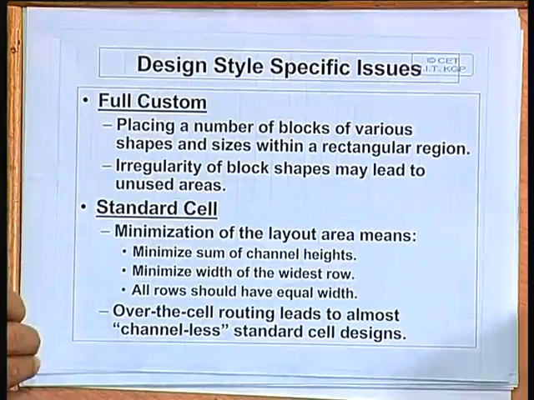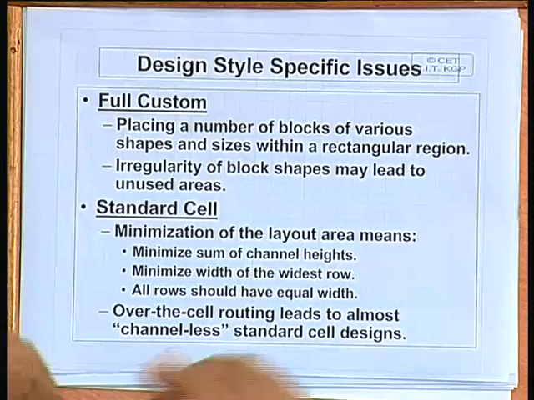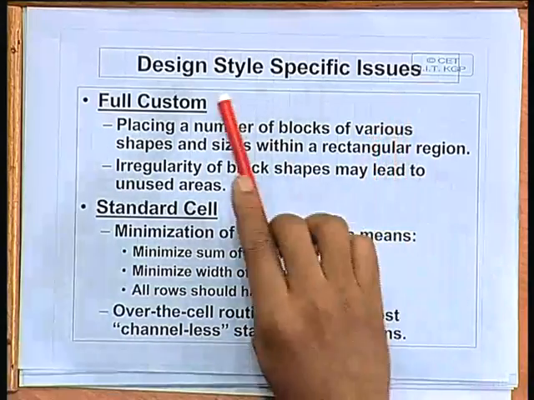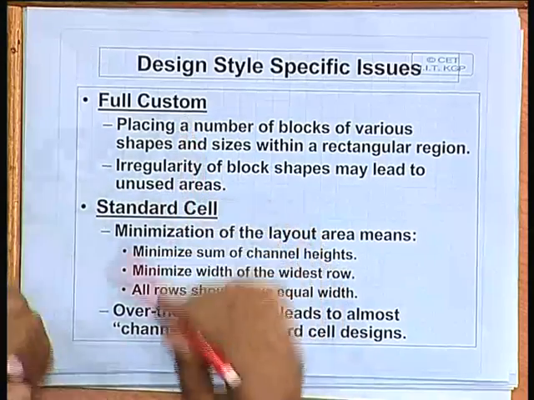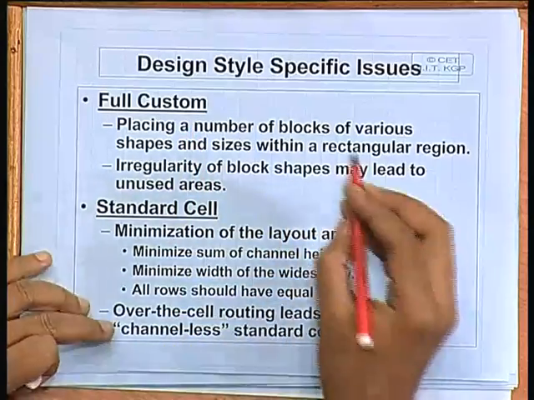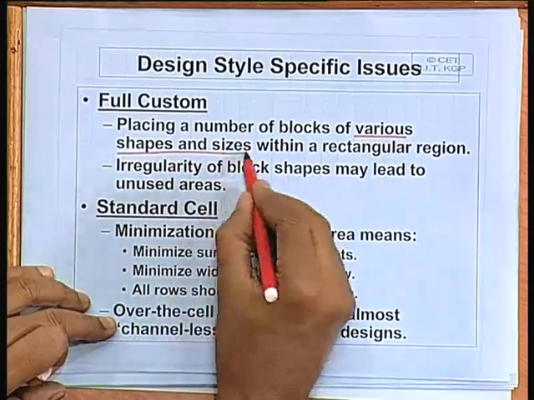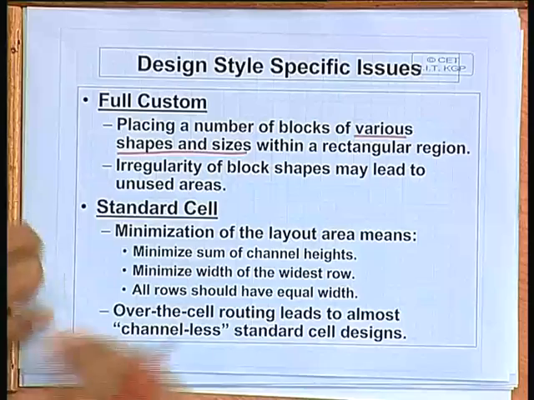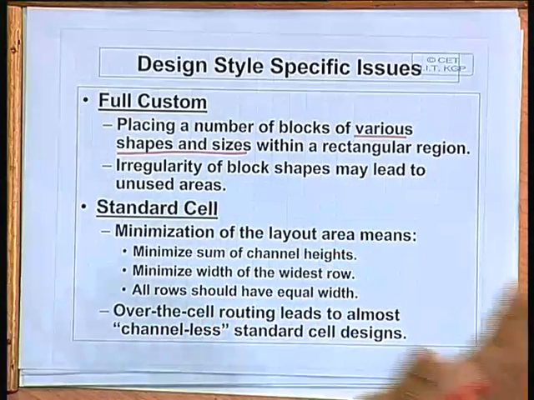Now, in addition to these, there are some other issues which also need to be looked at when you are doing a placement, because there are a few issues which are very much dependent on the design style. For example, in a full custom, the blocks may be of various shapes and sizes, and since the block sizes are irregular, it may not always be possible to pack them in a very uniform and compact way.